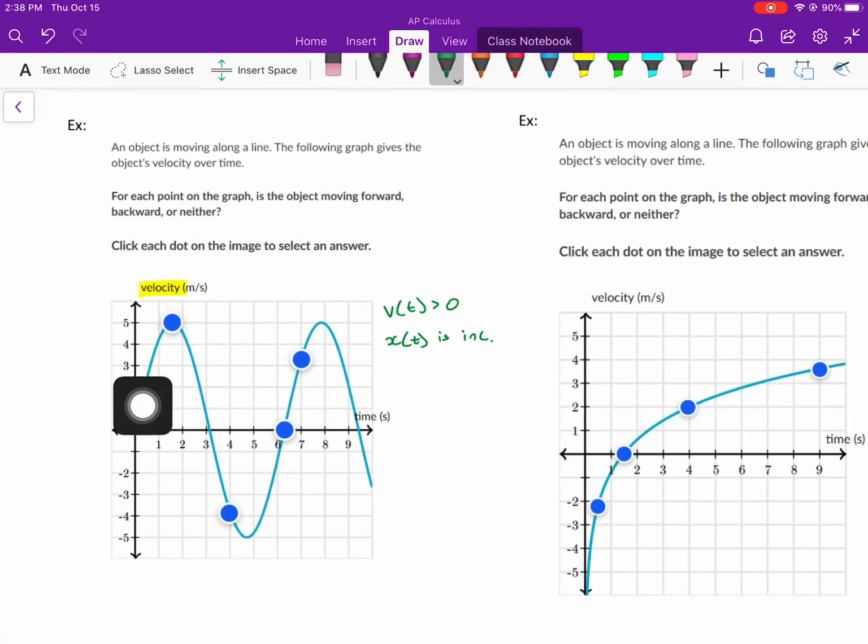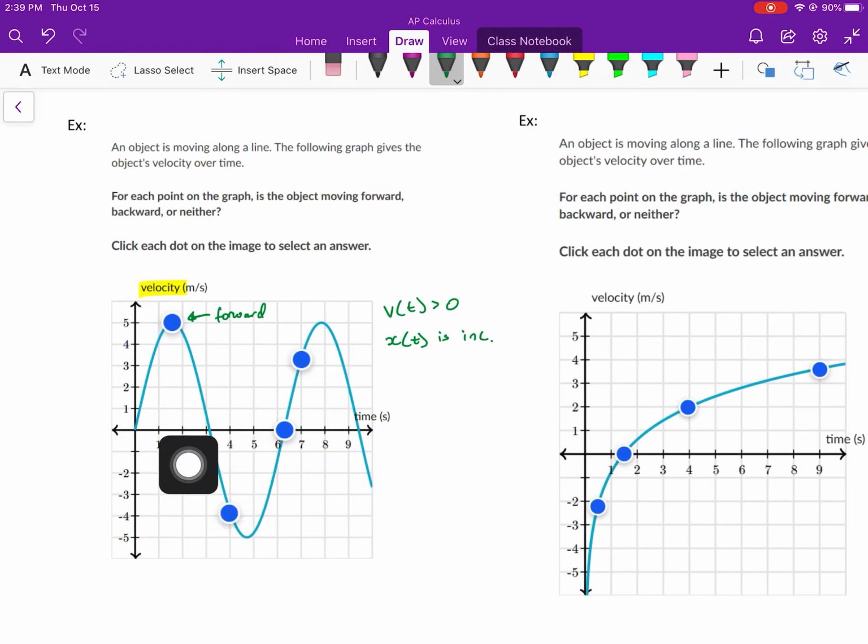Technically, velocity is at a maximum. This is actually the fastest we're going. This would be whenever velocity is positive. We're above the x-axis, this whole interval here. So that means that our velocity is positive, so the position of the object is increasing, meaning we're moving forward.